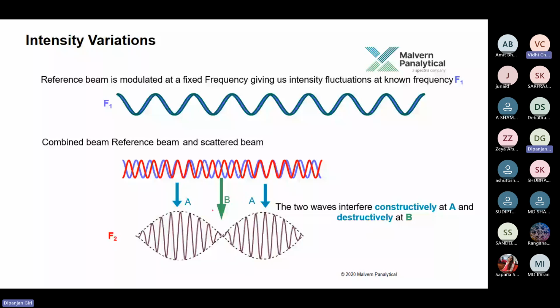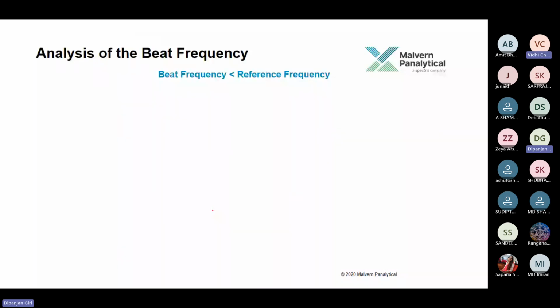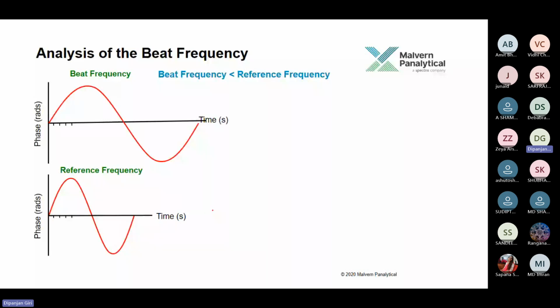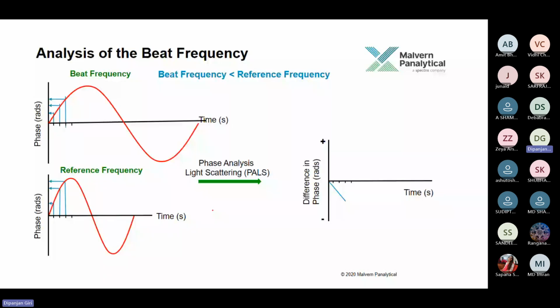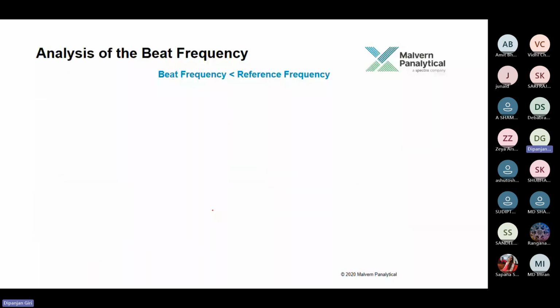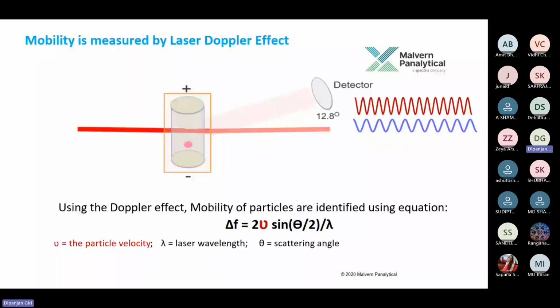And with applying the PALS, that is phase analysis light scattering, you can get the gradient of that, and from that you can easily get the frequency. And if you put the frequency shift in this equation, you will get the velocity.